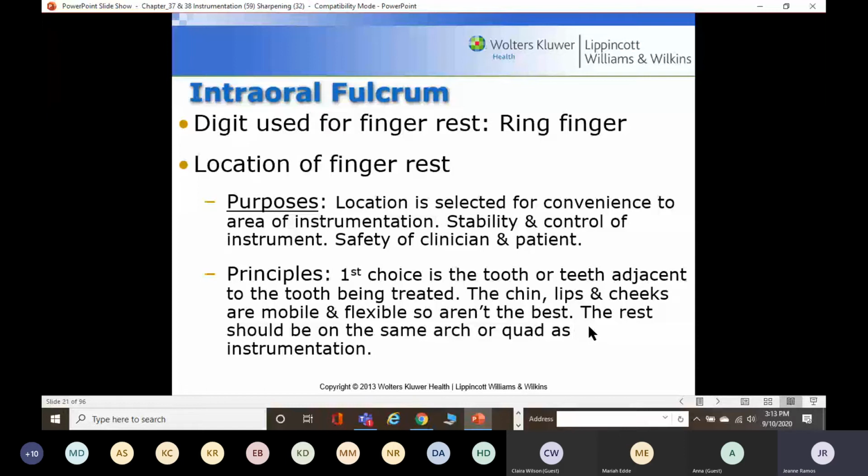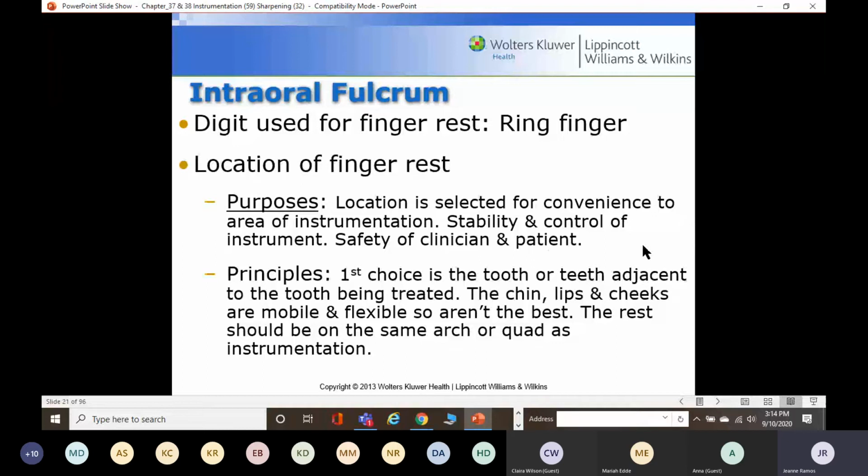But later in this very same chapter, it's talking about the fact that extraoral fulcruming is the way to go now to help the clinician out and for the patient. So there you go. But extraoral fulcruming didn't used to be a good thing. That's why instructors are saying, you need to learn how to go inside.